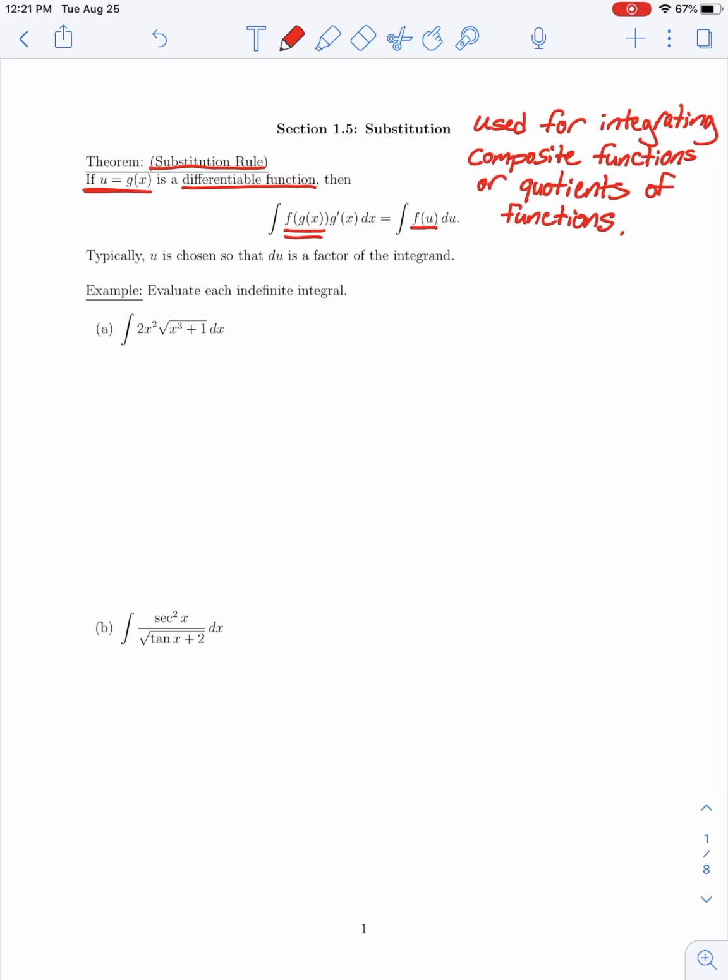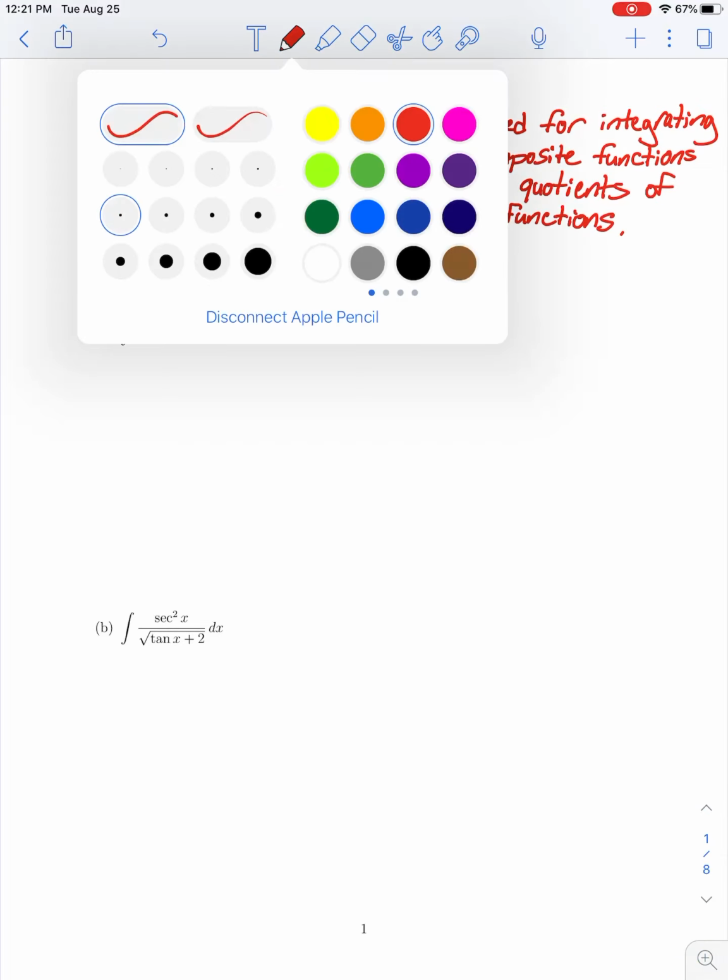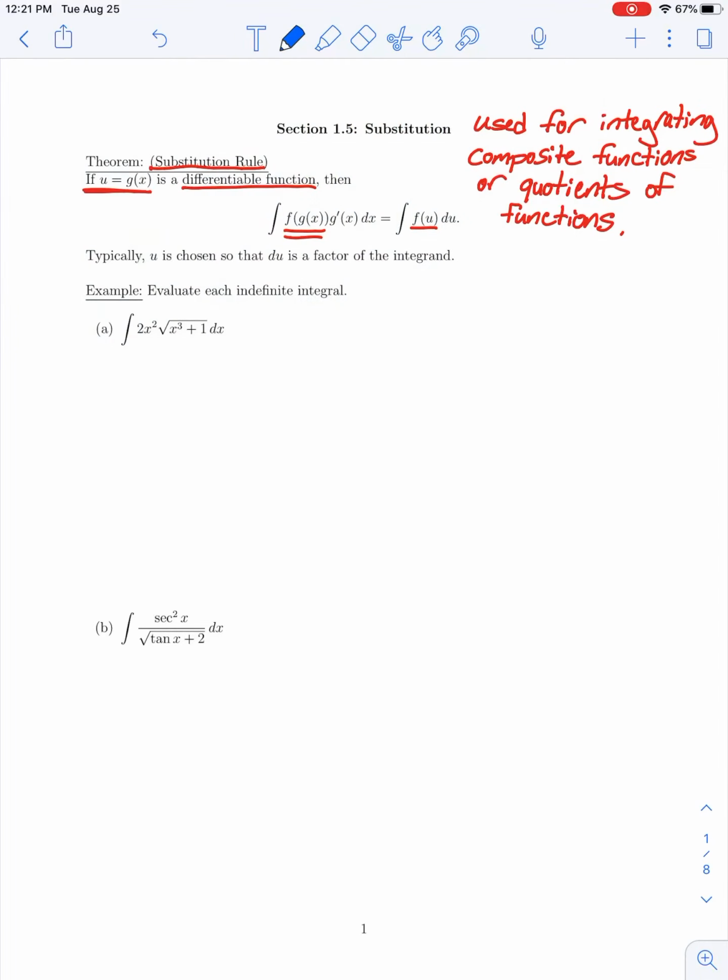Now, one thing that we need in order for this method to work is some other term in our integrand to involve the differential of u, or the derivative of this inside function, g prime of x.